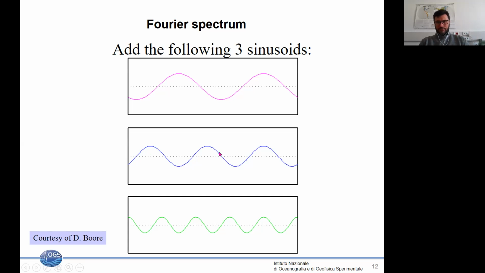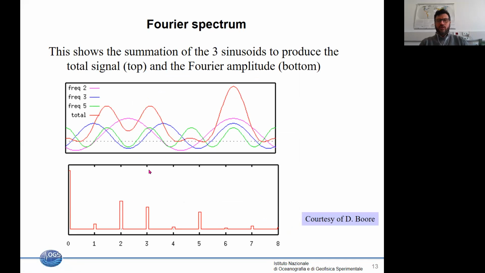Then we have a sinusoid that, for the sake of simplicity, we call 3, with a blue line, which has a slightly smaller amplitude, and then higher frequency with the sinusoid green. So now we can generate a signal, which is the composition of the three sinusoids.